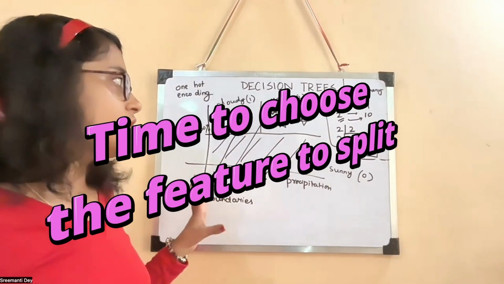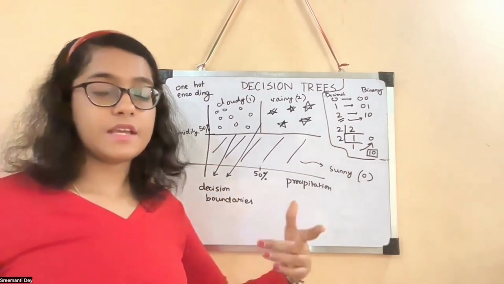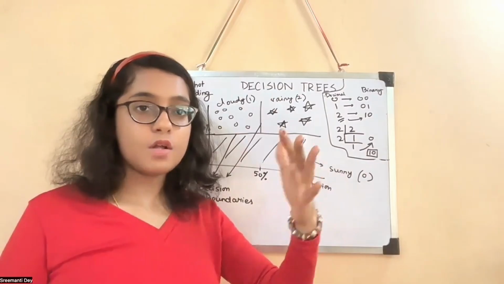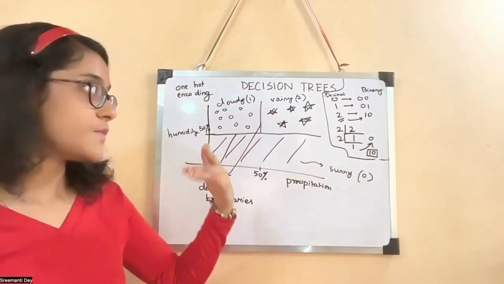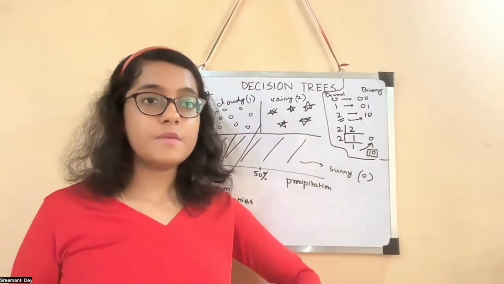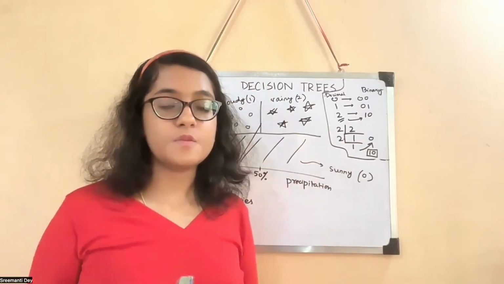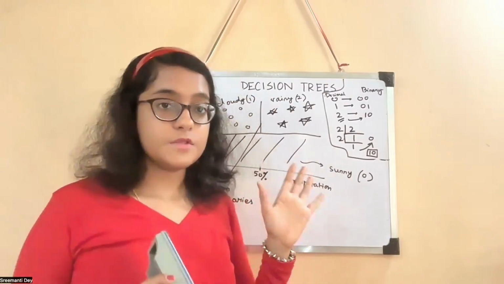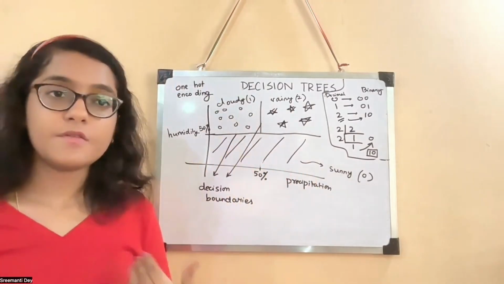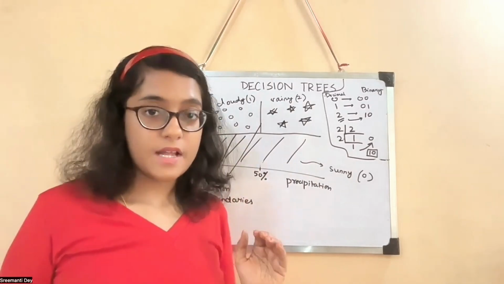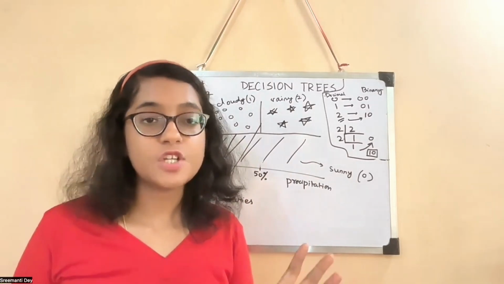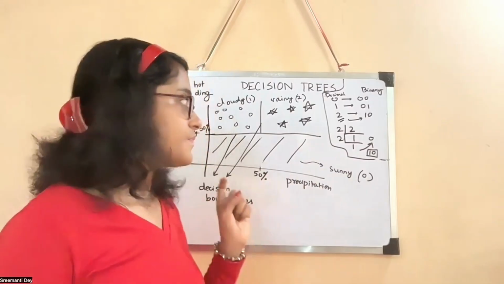We obviously can't have a huge tree with lots and lots of features. Suppose we had used precipitation earlier, then we would have gotten a larger tree. We need to find the most optimal and shortest tree that we can use, and that would make our process faster. That is why we are now going to understand the maths behind how we decide which attribute to split at each step.